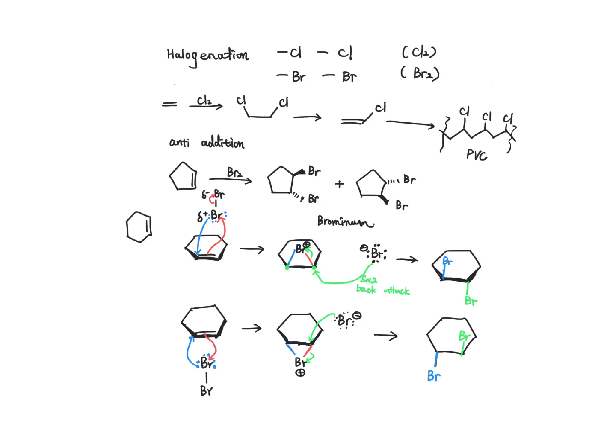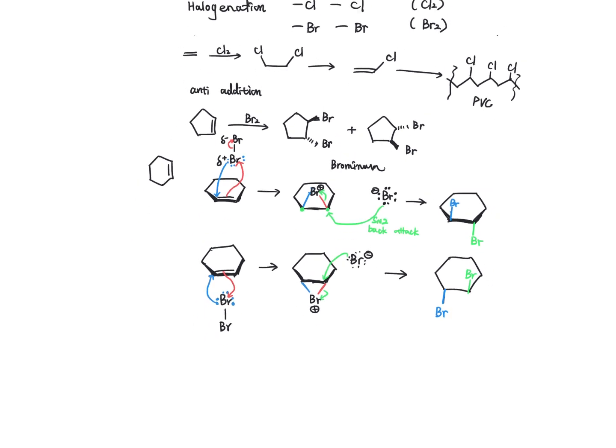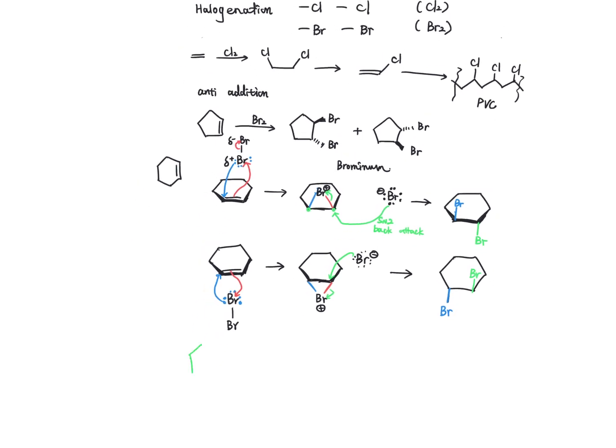That is why if you write this reaction out, if you start from your cyclohexene and with bromine, your outcome here will be a pair of enantiomers.